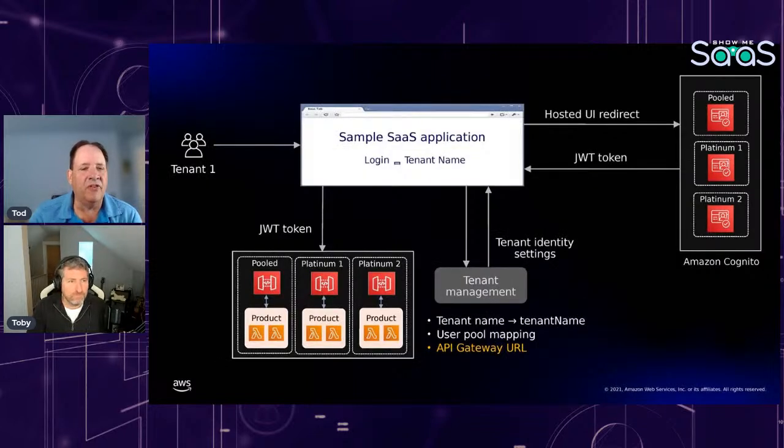Now, I also wanted to highlight, as another data point in all this, something that the serverless SaaS reference architecture had to do, and it has the same sort of problems. Obviously, it's an API gateway-centric model here, because API gateway and Lambda go well together.